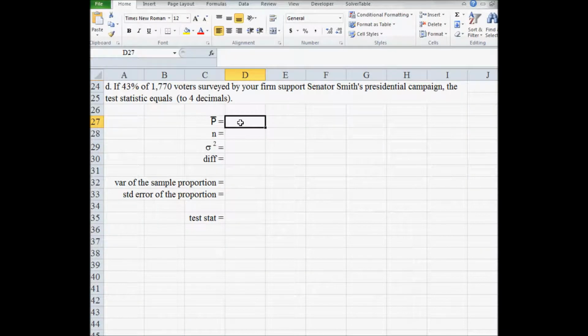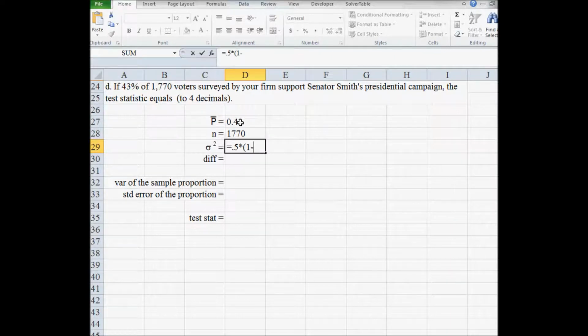So again, the sample proportion is 0.43. The sample size is now 1770. The sigma squared is no different than it was before. It is equal to the hypothesized proportion, 0.5, times 1 minus the hypothesized proportion, 0.5.